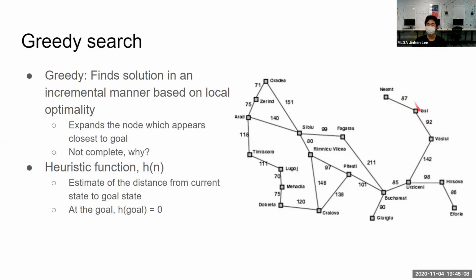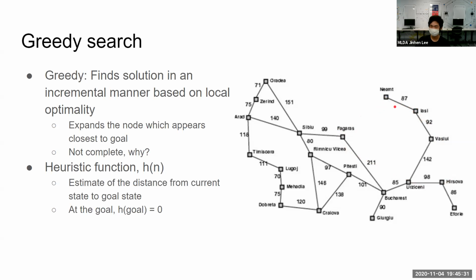So you are going to choose the minimum cost again, which is 87. So you are just going to oscillate here, and you are going nowhere. For example, you are trying to go here to Fagaras. If you choose the cheapest path, which is 87, and you reach this point, and again you choose the cheapest path, you are just going to oscillate around.